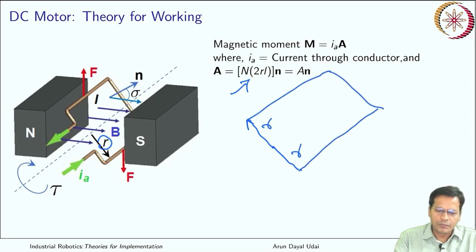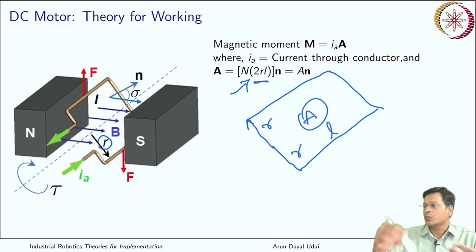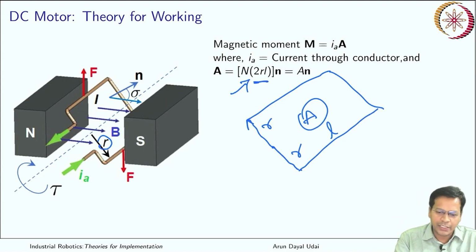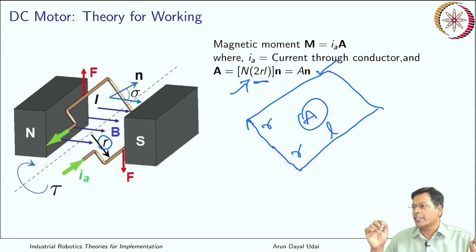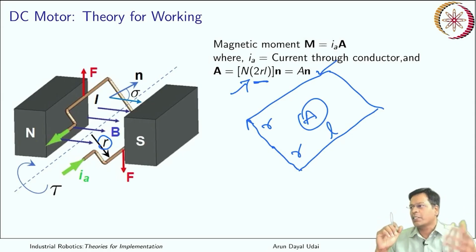This is your L, the length of this conductor. So 2RL effectively gives you the area which is here. Because you have multiple turns of this wire, n times that area finally gives you the total area A. It is not just one winding, it has multiple windings.